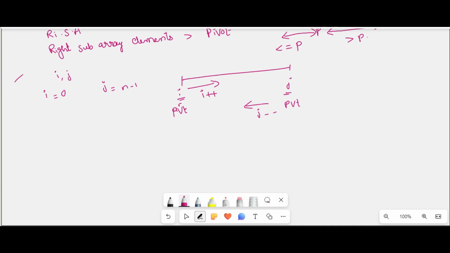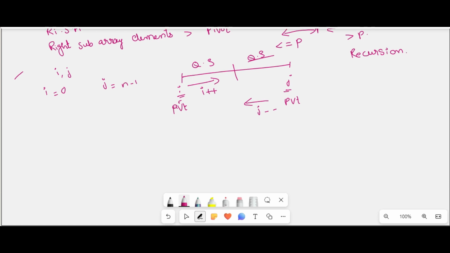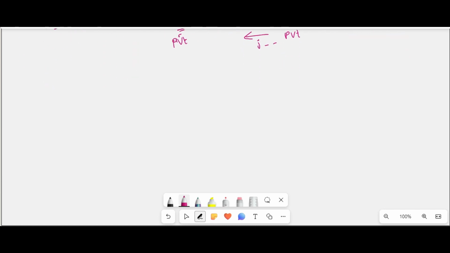So this works with recursion. Why? Because the left subarray is divided into two subarrays. In the left subarray we again apply quicksort, and in the right subarray we again apply quicksort. That's why it uses another concept, recursion. Now take an example.